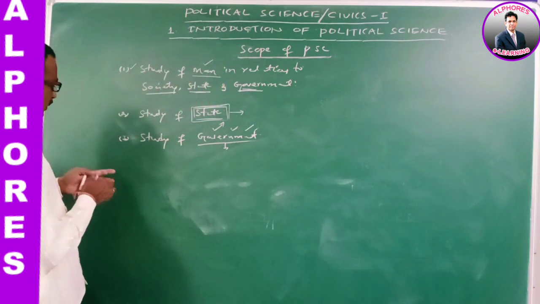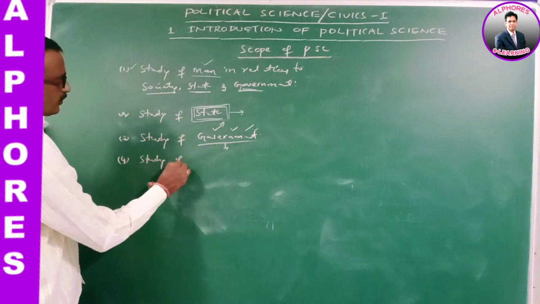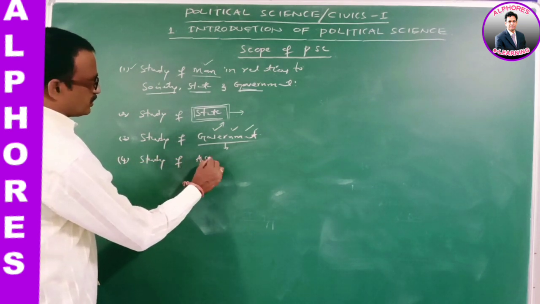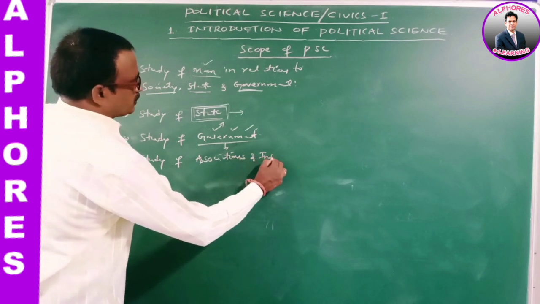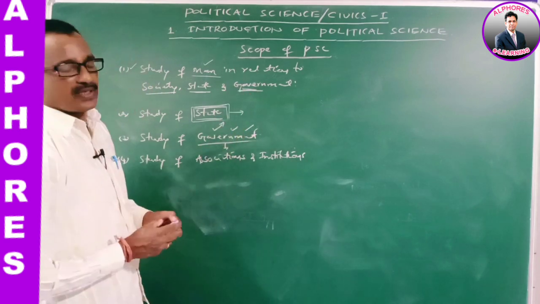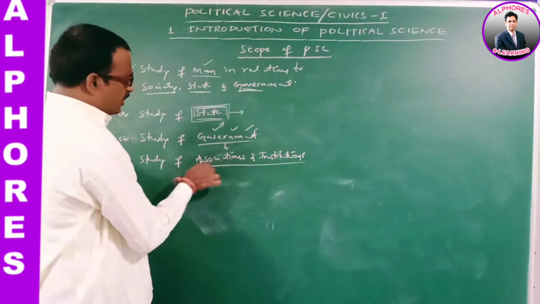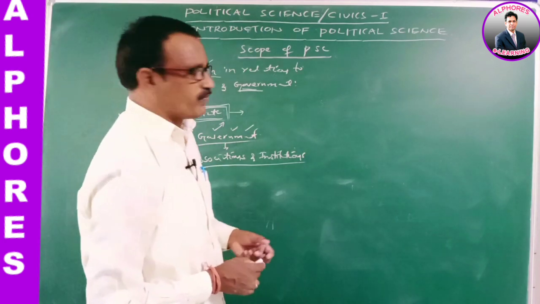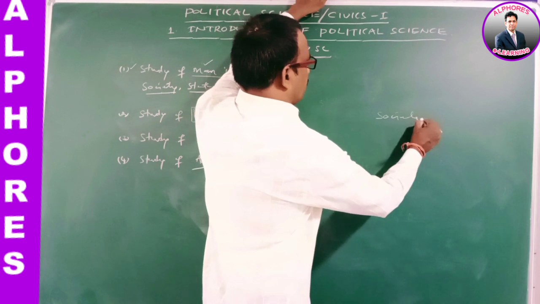And political science also explains various associations and institutions in the society. In society, various types of institutions are there. So what type of institutions are there in society?